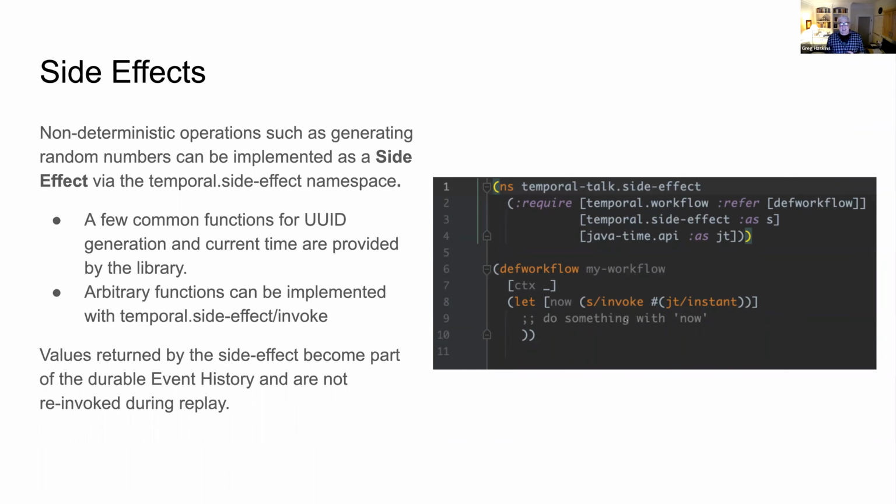You can see here on line 8, the primary thing is to use invoke, and it takes a function. In this case, I'm using the Java time API library to create a timestamp. That's actually a dumb example because I already provide a now function in the side effect namespace. So there's a built-in function for generating UIDs and timestamps already in the library. If you need a timestamp or a UID, you can just use those, but it's super simple to invoke any side effect you want.